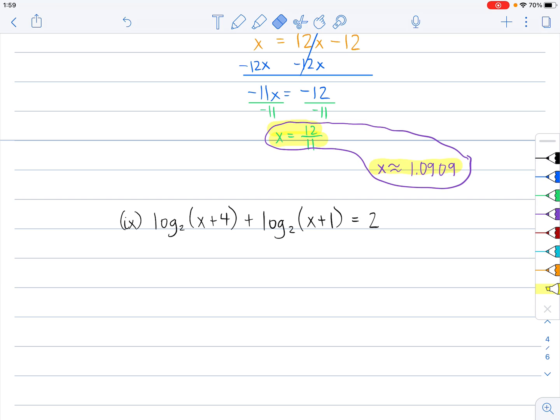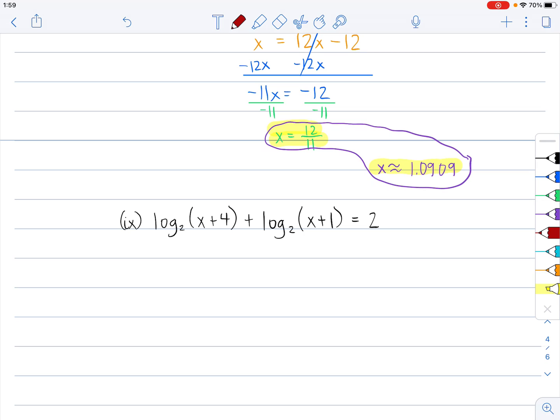Example number 9, log base 2 of x plus 4 plus log base 2 of x plus 1 equals 2. This guy, again, we need him 1 log equal to 1 log or 1 log equal to 1 number. Now, when you have a number floating around all by itself, that usually makes you the second one.